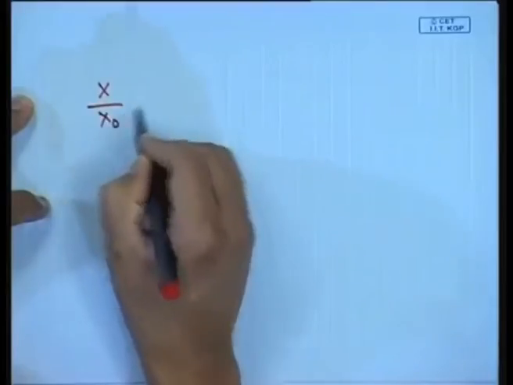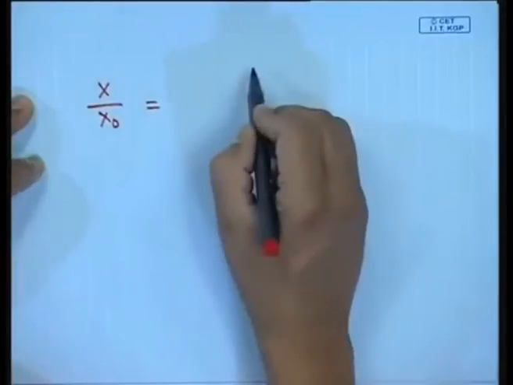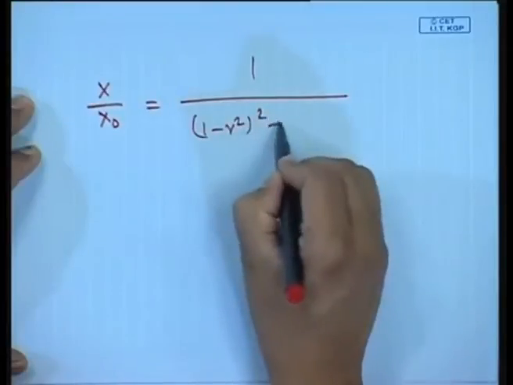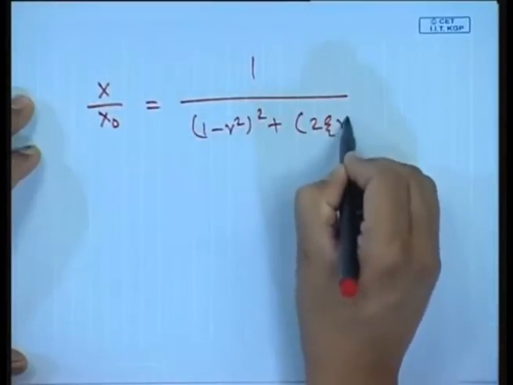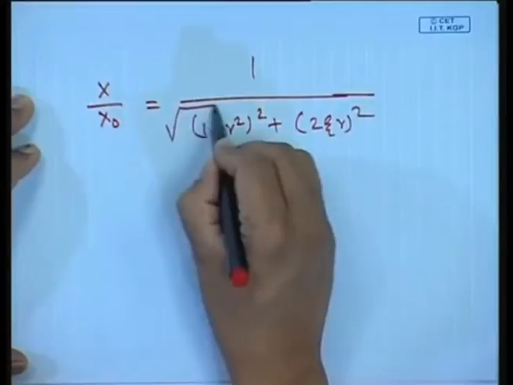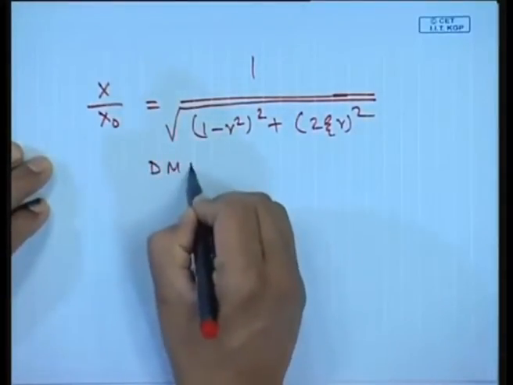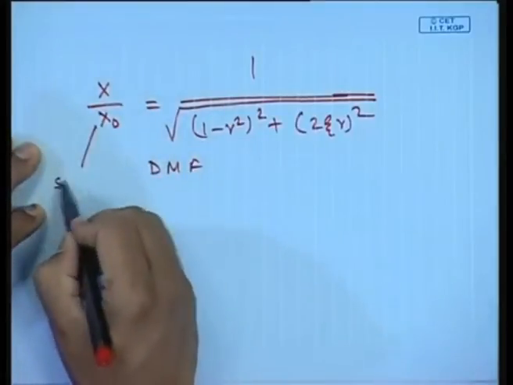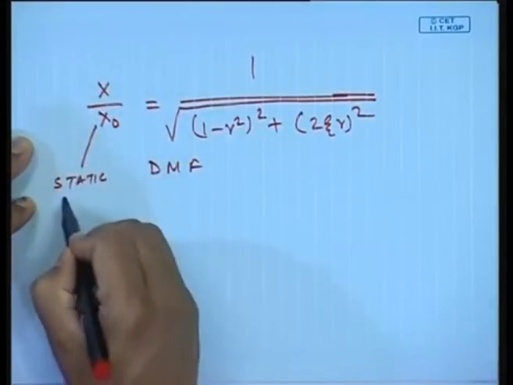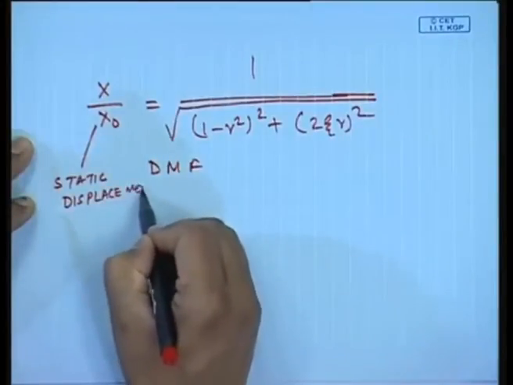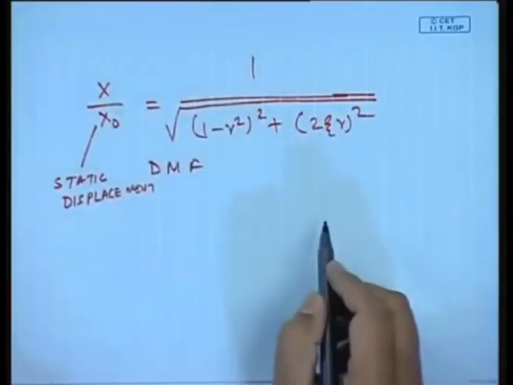So, in fact, if I was to write it again: x by x naught is given by 1 by the square root of 1 minus r square, whole square, plus twice zeta r, whole square, and this is what is known as the dynamic magnification factor, where x naught is the static displacement and x is the dynamic displacement.